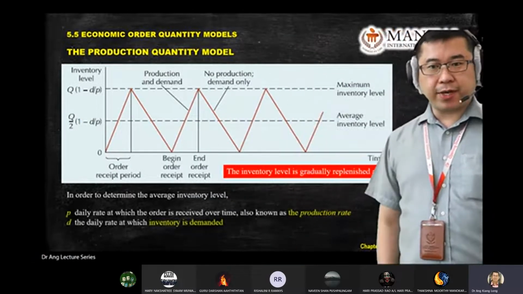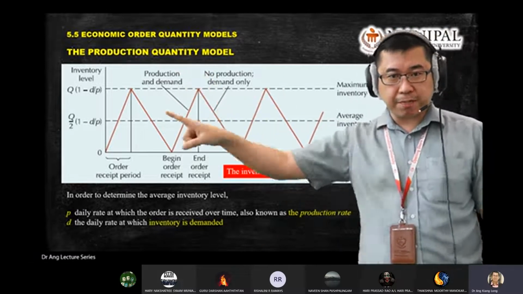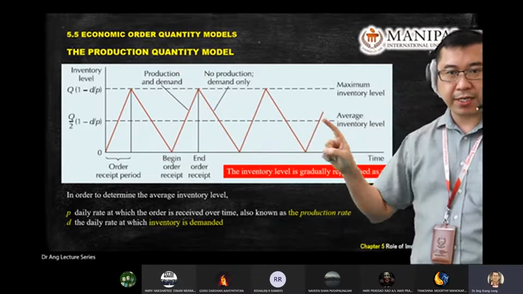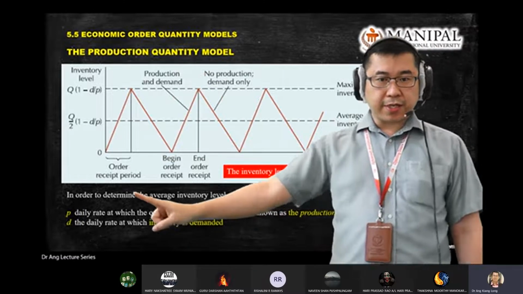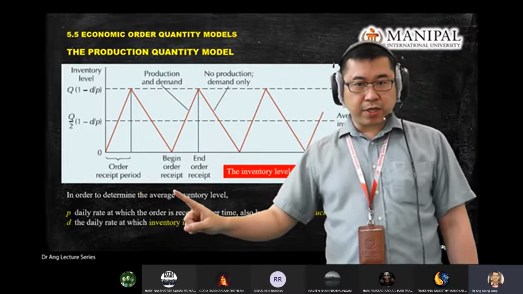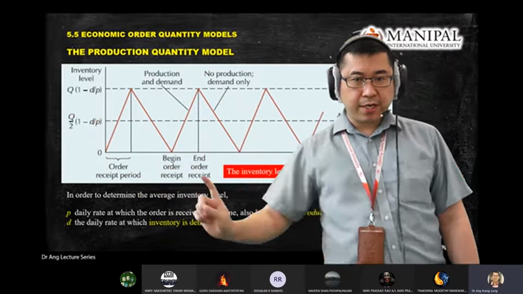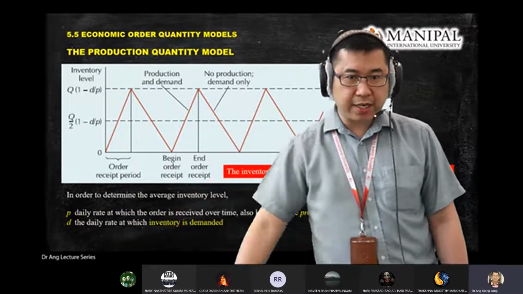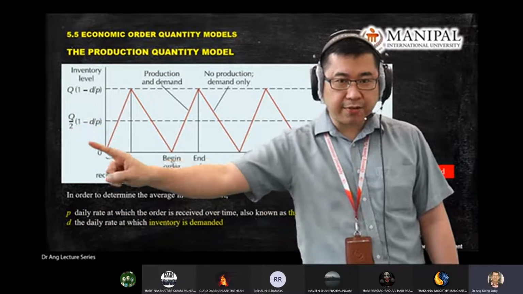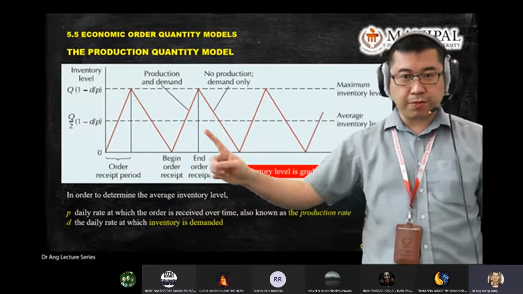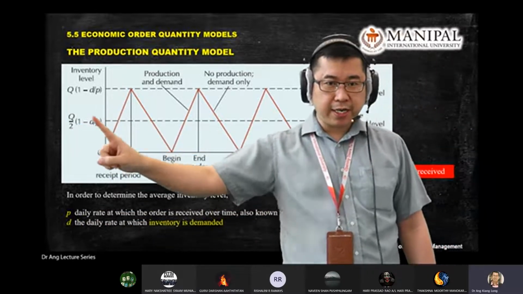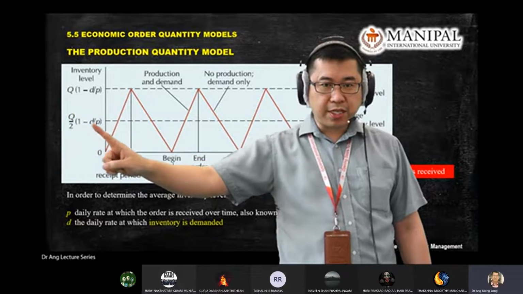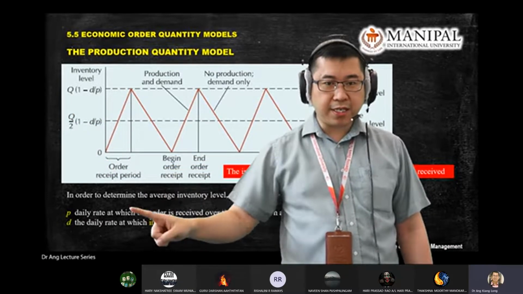So in our calculation for the production model, what is important is using the average line. In order to determine the average, we will use a few parameters. First, P and D, as you can see from the graph there. Maybe your graph is a bit small, but you can see some formula there. You're using Q, D divided by P. What is D?